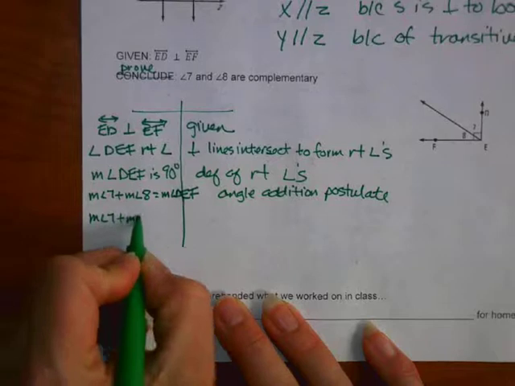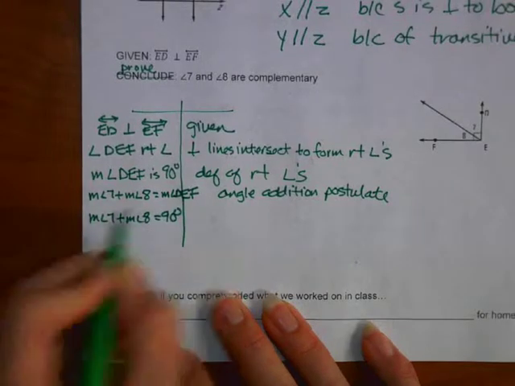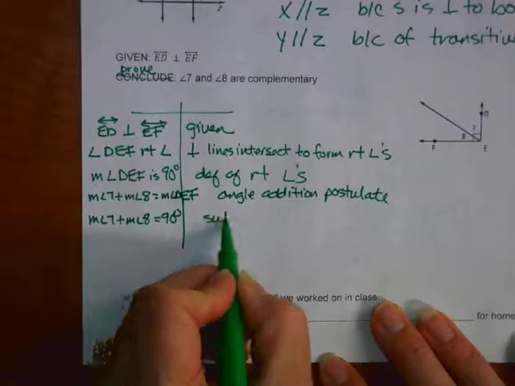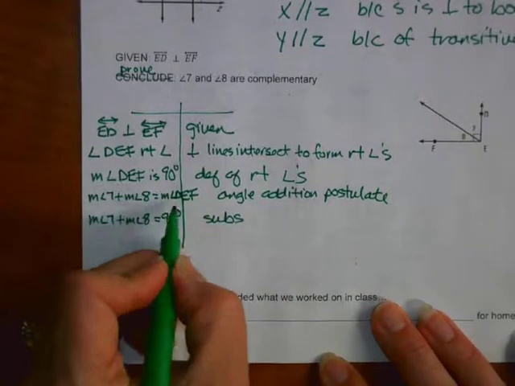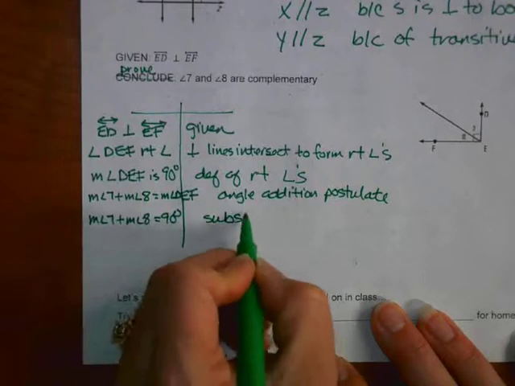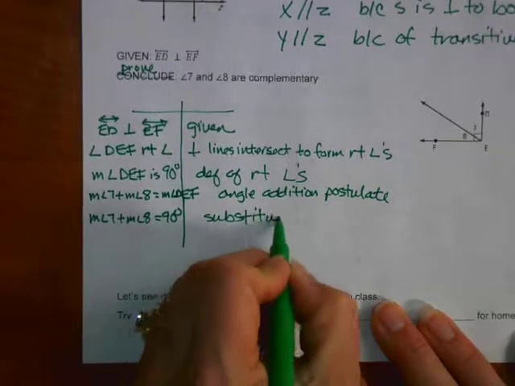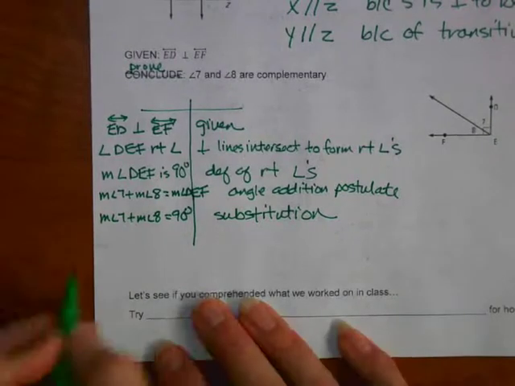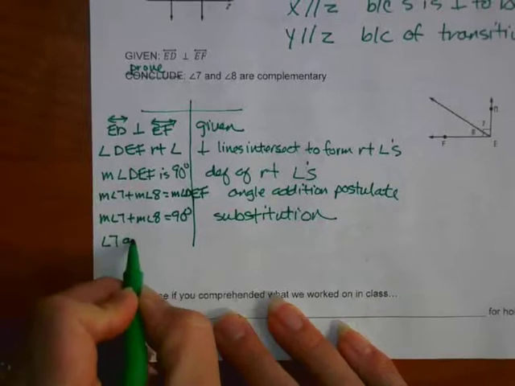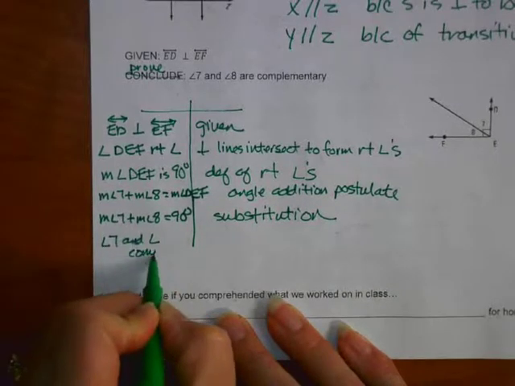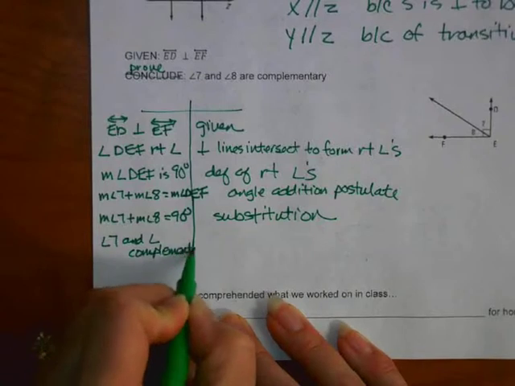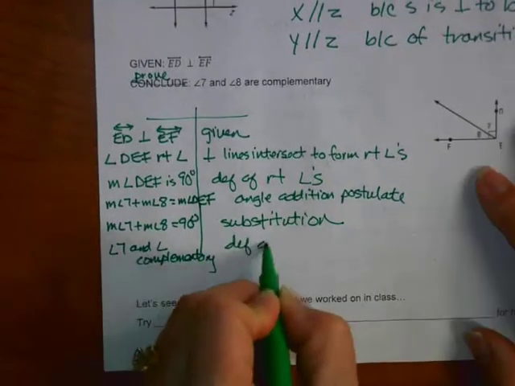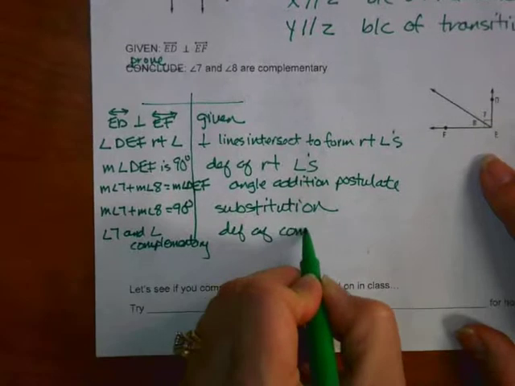The measure of angle 7 plus the measure of angle 8 equals 90 degrees, just based on substitution. We know that DEF is 90 degrees. If that's true, then the two angles have to be what? Definition of complementary angles. Angle 7 and angle 8 are complementary by the definition of complementary angles.